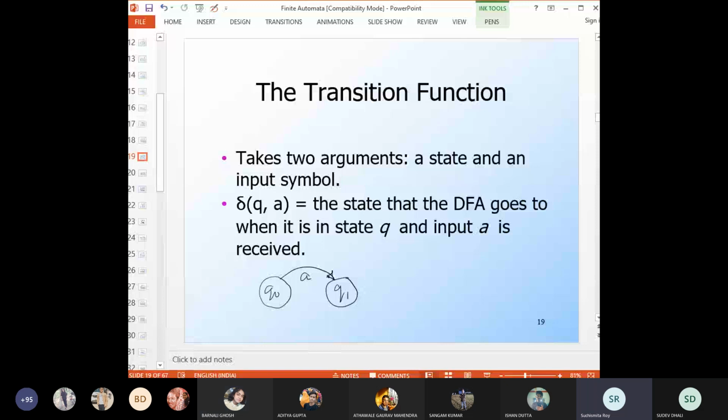What we have done is I've just drawn a transition. This is a typical transition that you might see in any finite automata. So how do we represent this transition in this mathematical form? Usually functions, we represent by something called f, right? Here we are actually calling it delta, that's all.